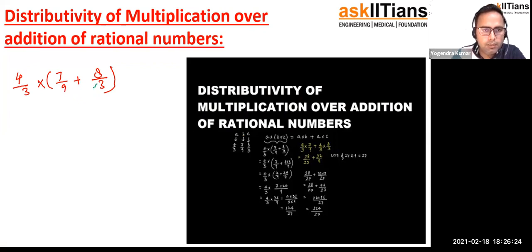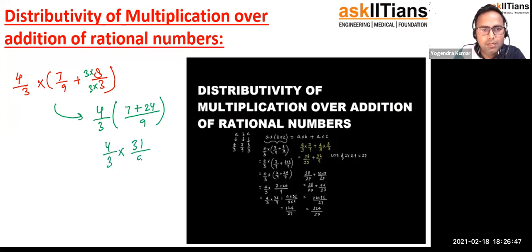You can multiply the 3 by 3 to make the denominators the same. So we get 4 divided by 3 into, here we are getting 7, and with the same LCM, 8 threes are 24, divided by 9. So 4 divided by 3 into 31 divided by 9.